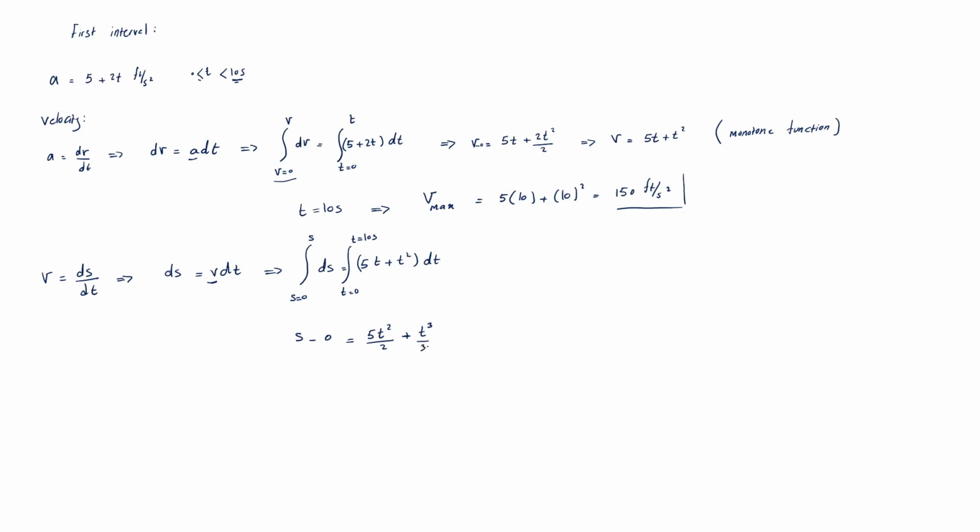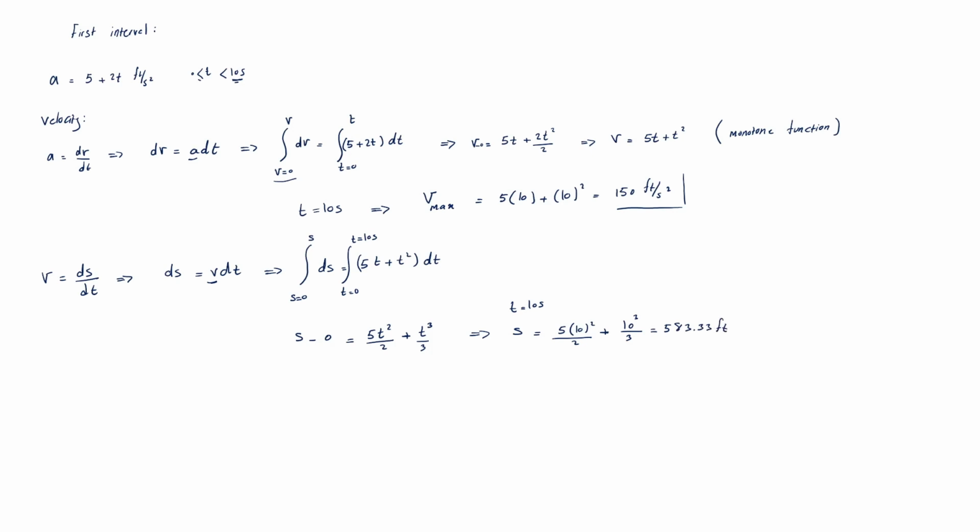So now we have to find the position at time 10 seconds. At time 10 seconds, we can say we have 5 times 10 to the square over 2 plus 10 cubed over 3. So the answer of this part is 583.33 feet.